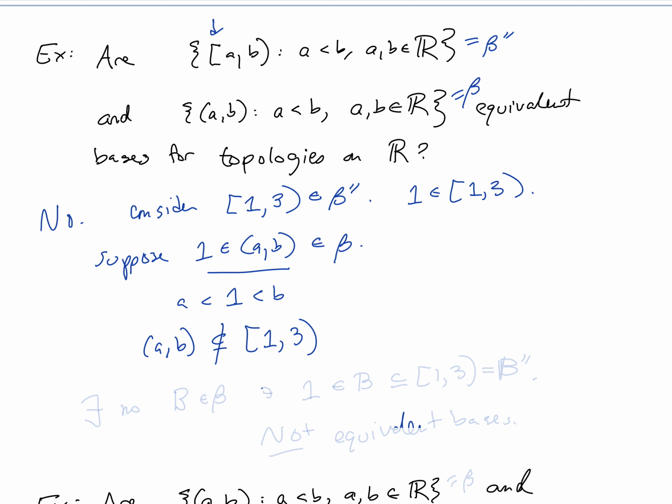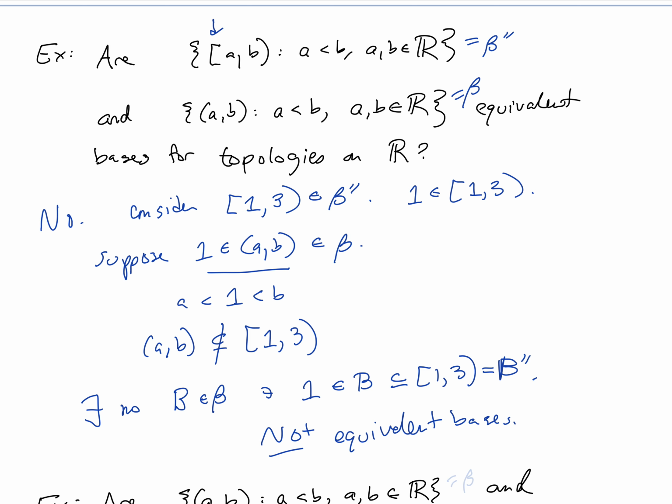So there is some element of beta double prime and some element of it, such that there is no B in beta such that 1 is an element of B, which is a subset of [1, 3) = B double prime. So that tells us that these are not equivalent bases.